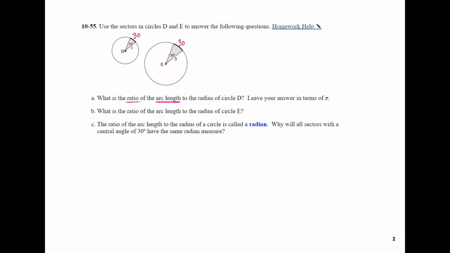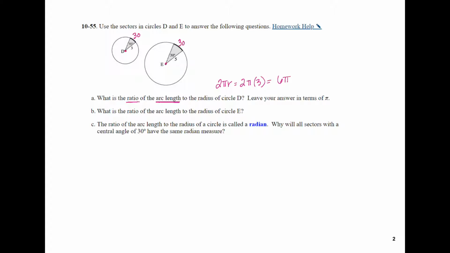So the first thing we need to do is find the circumference of the circle. So we want to do 2 pi r, and in this case our radius is 3. So 2 pi times 3 gives us 6 pi.